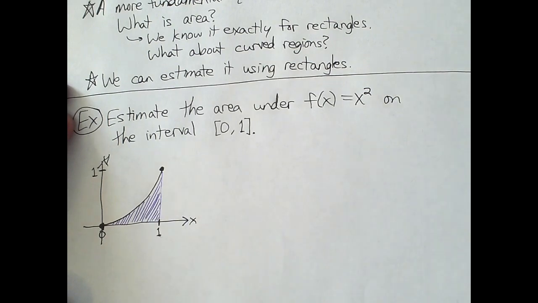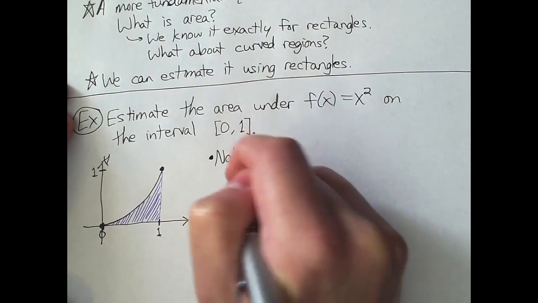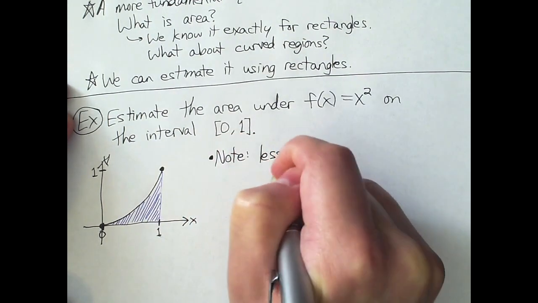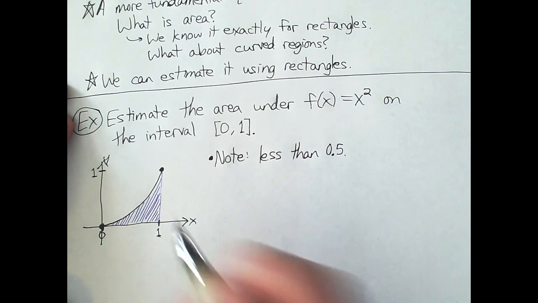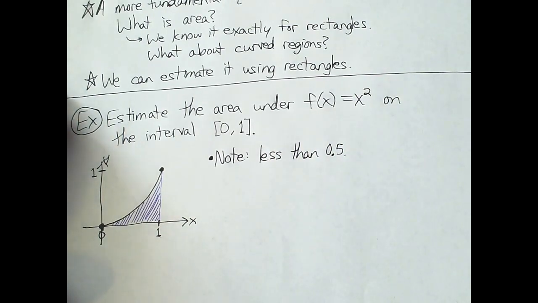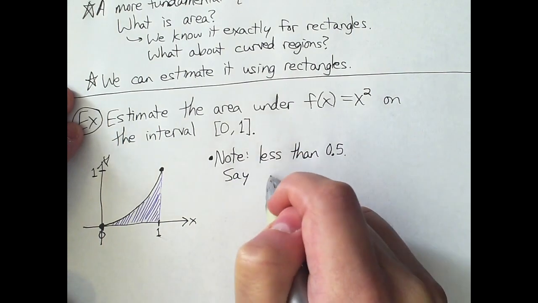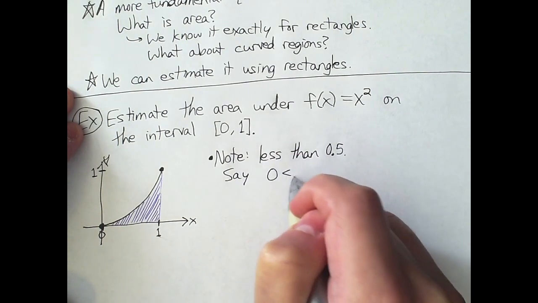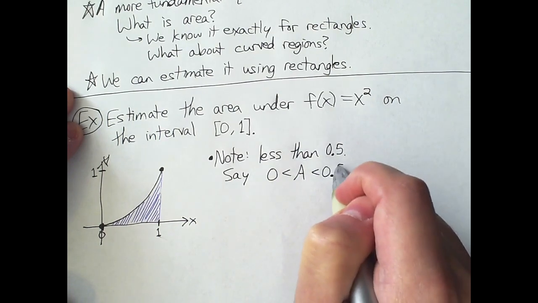But this shaded region looks smaller than that. So I'm going to note, the answer is less than 0.5. Maybe it's around 0.3 or 0.4, but we don't know exactly what it is yet. But we could start by saying that the area is somewhere between 0 and 0.5.